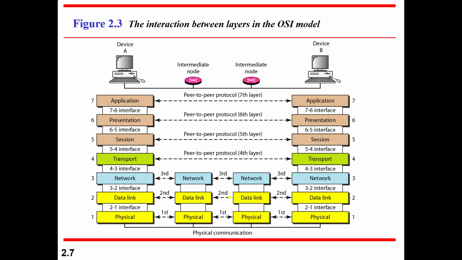Interfaces between the layers. The passing of the data and network information down through the layers of the sending device and back up through the layers of the receiving device is made possible by an interface between each pair of adjacent layers. Each interface defines the information and services a layer must provide for the layer above it.